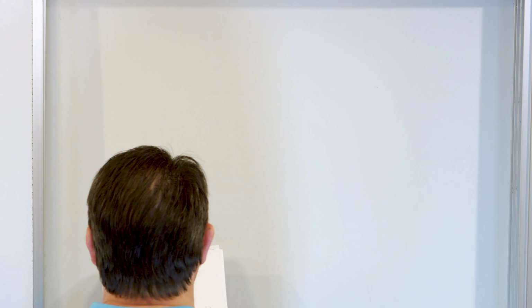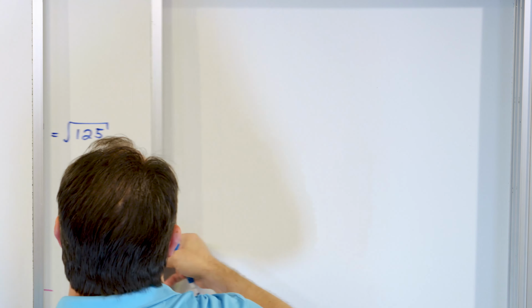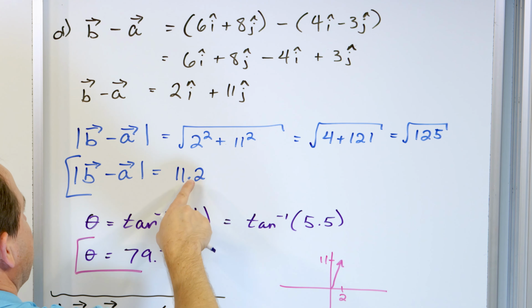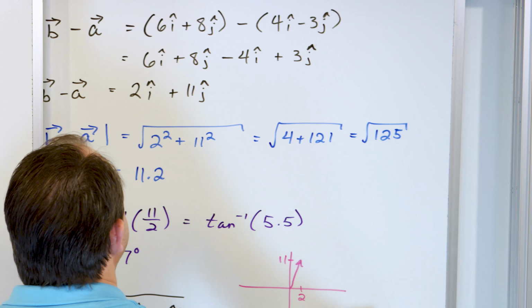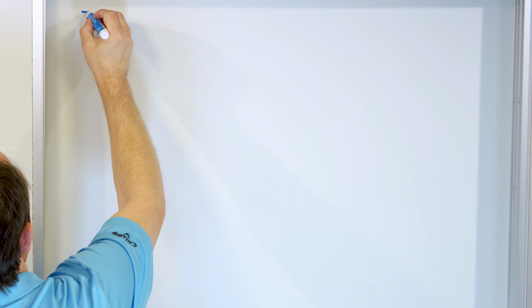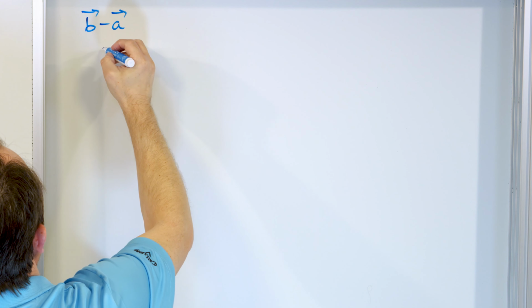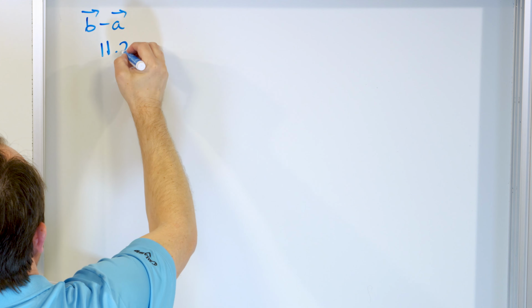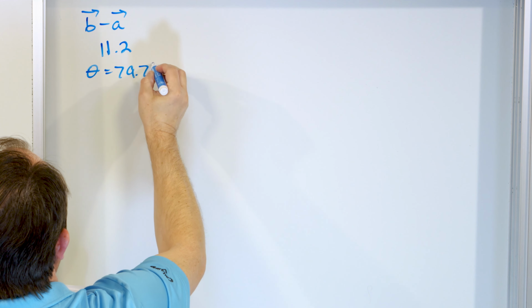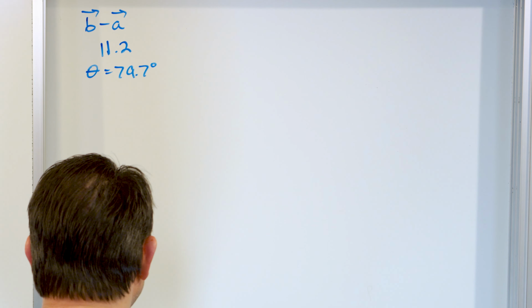So I think instead of being so tricky about it, I basically want to rewrite this. B minus A worked out to 11.2 at an angle of 79.7 degrees, right?